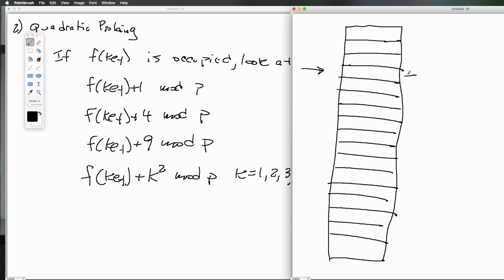Okay, so suppose that this is occupied. Okay, so then it says the next place that I would check is I would look at +1. So I would check this space. And if that's occupied, then what I would do is look at +4, +1, +2, +3, +4. So I would now check this one over here. And if that's occupied, I would go +5, +6, +7, +8, +9. I'd now check over here.